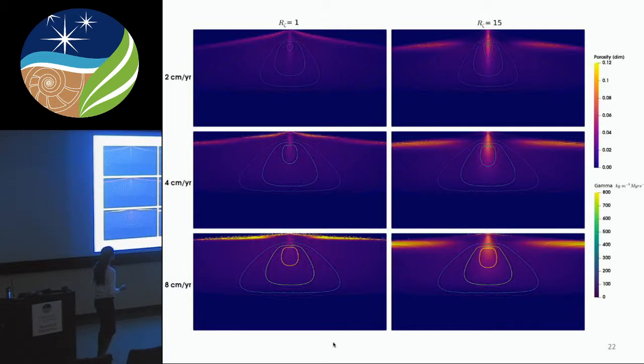We see that when you have a higher bulk viscosity constant, you get a higher amount of focusing right in the depth of the melting region. But when you have a lower bulk viscosity constant, there's not much focusing here. Everything is just mainly buoyantly rising and hitting this cold, strong lithosphere.